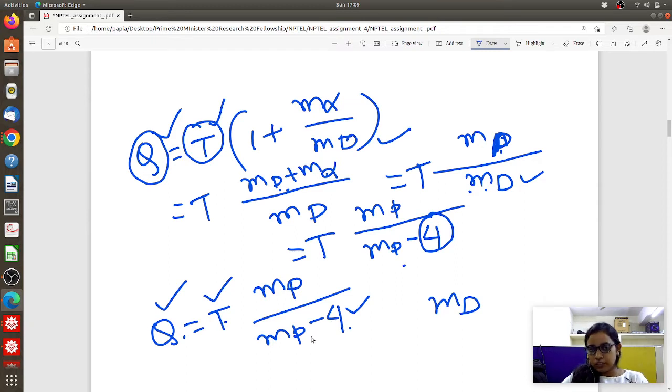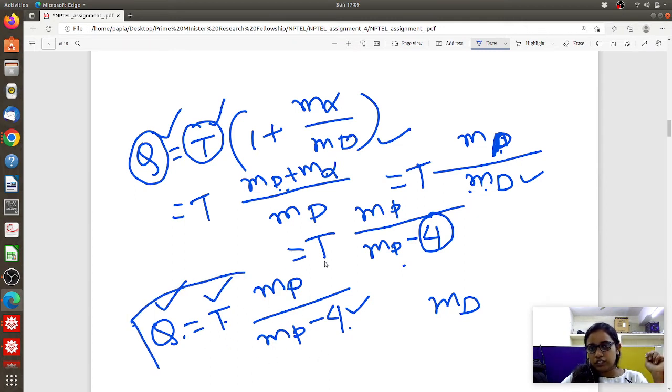So what should I do? We write all the expressions in terms of MP, so that we can find the value of MP, because MP is what they are asking of us. So this is the main expression for that question.